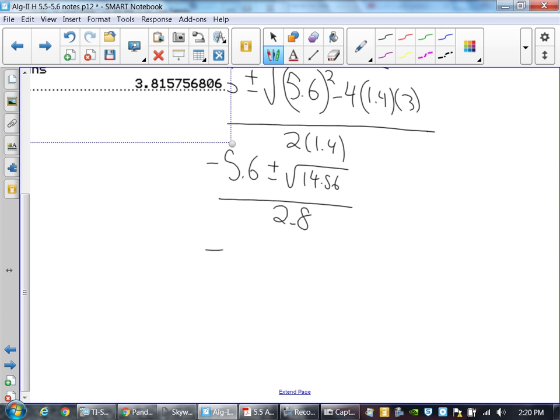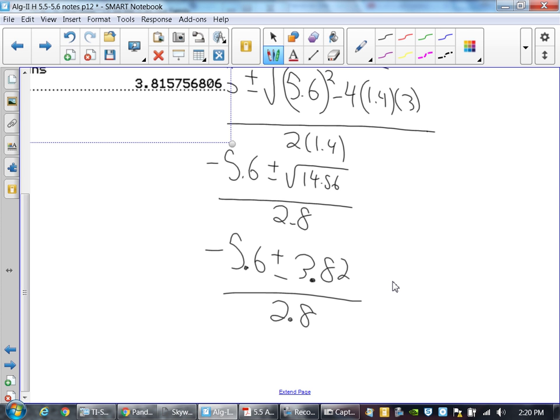So all I would do is this: negative 5.6 plus or minus 3.82, all over 2.8, and I call it a day. And that's a legitimate answer. So x equals that? That's it. That's all you have to do. Anytime you have to round with the calculator, and you're only going to be rounding with the square roots if you're taking the square root of something that has a decimal.